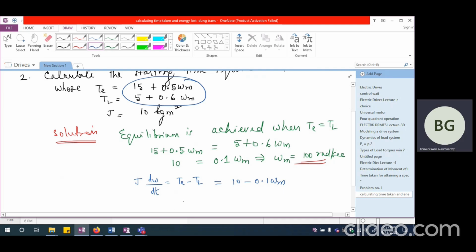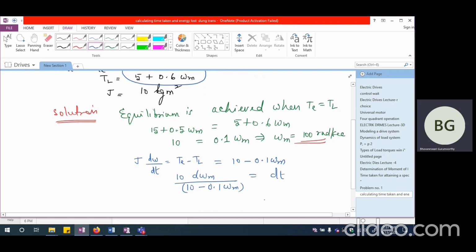So J happens to be 10, multiplied by d omega. So d omega m divided by 10 minus 0.1 omega m is equal to dt. If I want to achieve 100 radians per second completely, to achieve this steady state, the time will come out to be infinite.